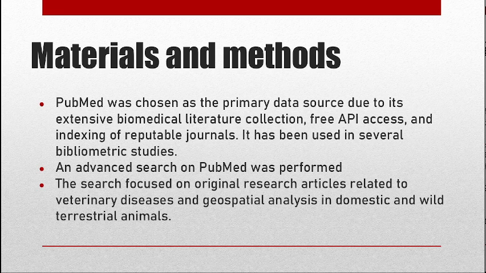In this study I mainly focused on original research articles, and I excluded, for example, already published systematic reviews, journal reviews or narrative reviews. I only focused on original research.